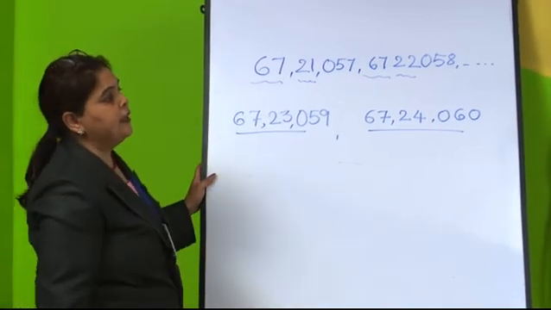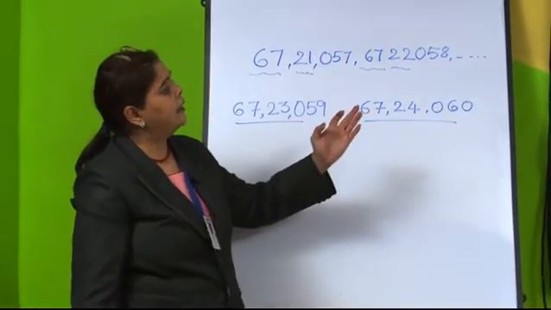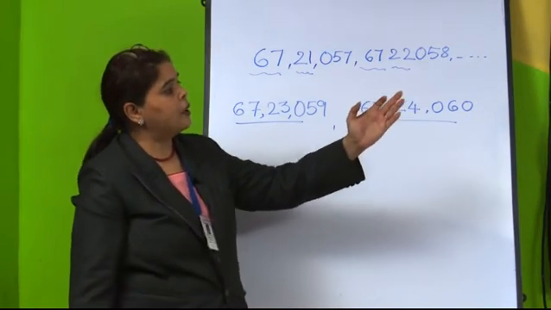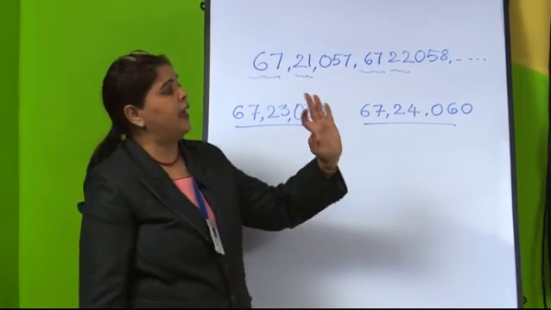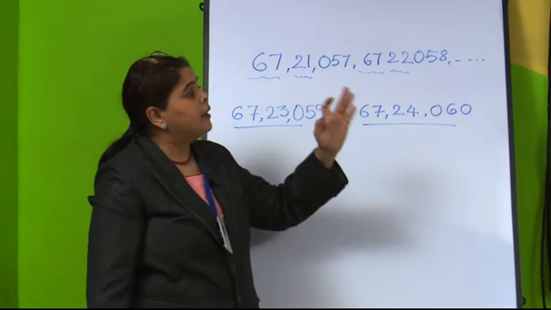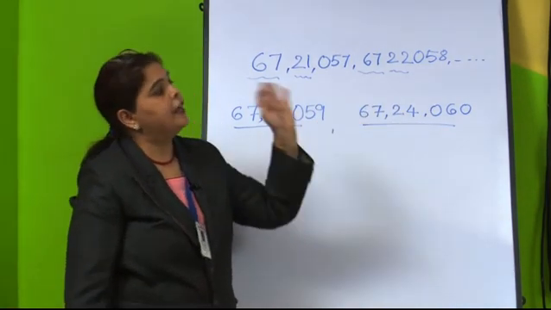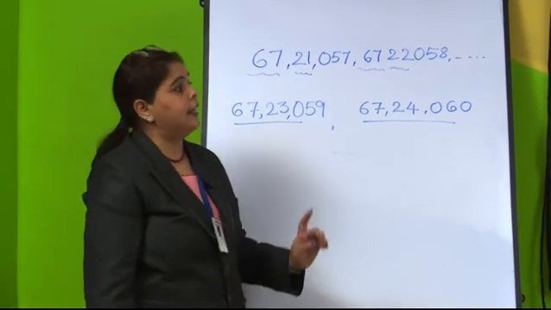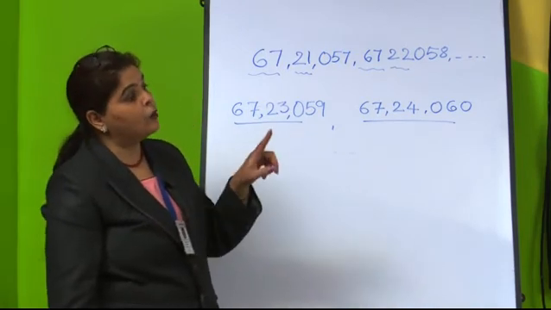The second example is very easy as compared to this. Here in the lakhs position, both our numbers are the same. Even in the thousands we have the same numbers, only in the hundreds place it has changed. This is 761, that is 861. The next number will be 961, then 1061.